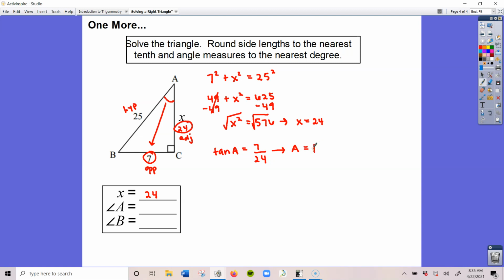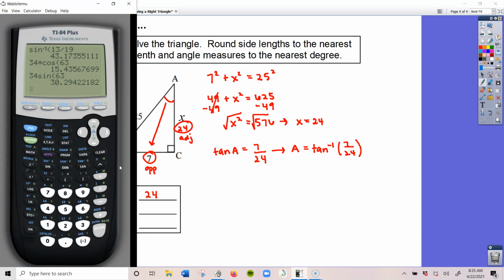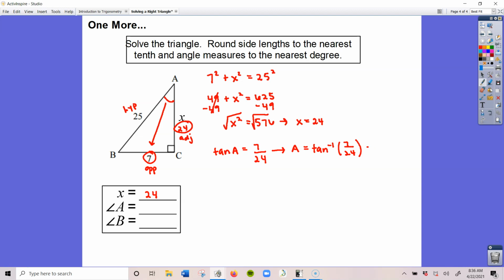So A is equal to the inverse tangent of 7 over 24. So I'm going to go to my calculator now, and I'm going to select the inverse tangent, 7 over 24, and I get here 16.26, which we're rounding angles to the nearest degree, so this would be 16 degrees.